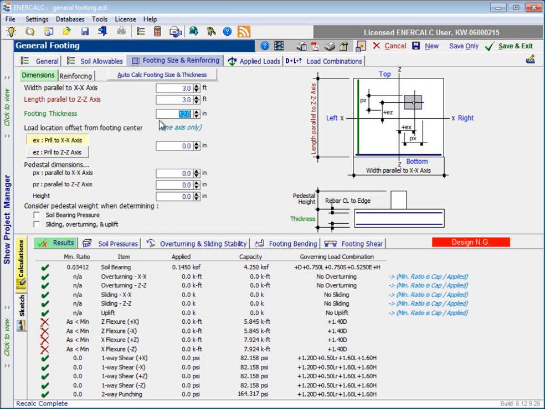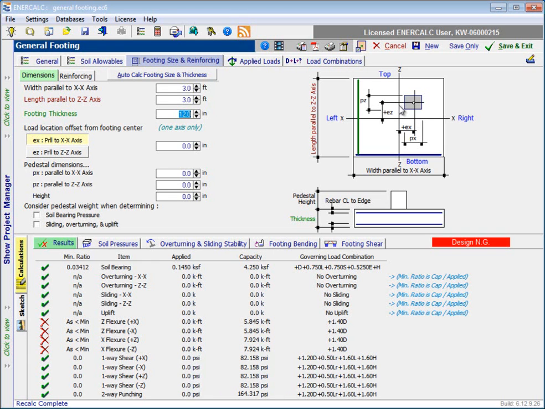Continuing down through the list of input here on the Dimensions subtab, notice that there is a load location offset from the footing center and that the note says one axis only. These two buttons allow us to decide whether we would like to specify a load offset from the footing center line to the center line of application of the loads, and if so, we have to identify whether we want to shift it along the x-axis or if we want to shift it along the z-axis.